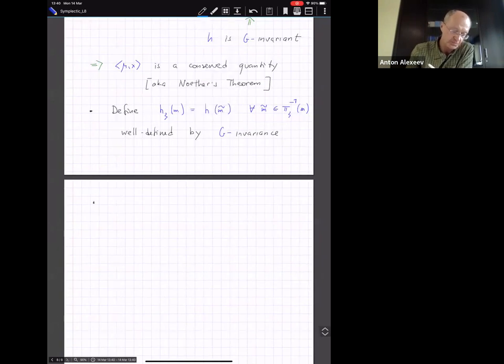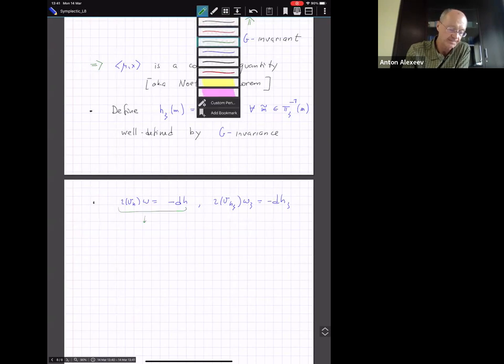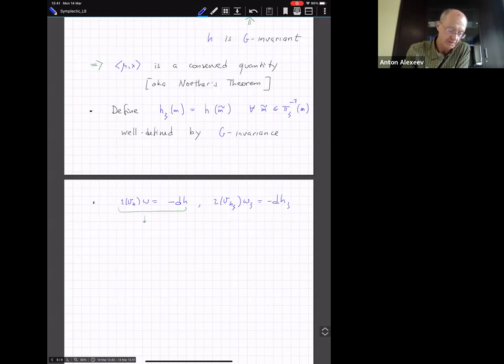So what are they? We have iota VH omega is minus DH, and iota VH psi omega psi is minus DH psi. That's their definitions. Now I take the first equation and I apply iota psi star.